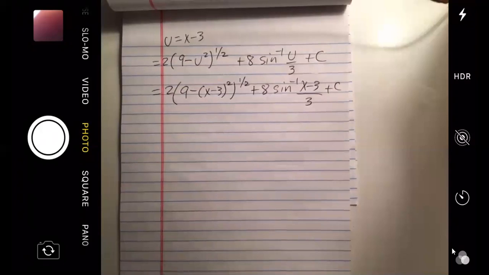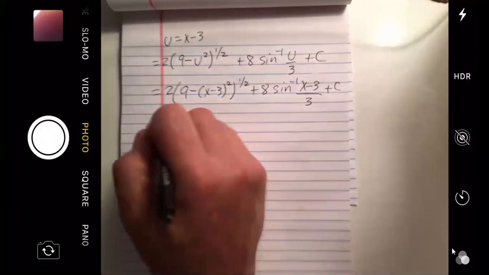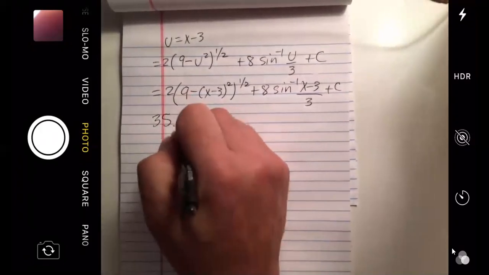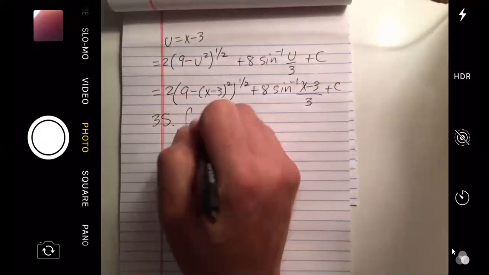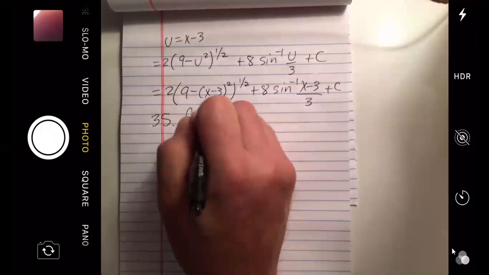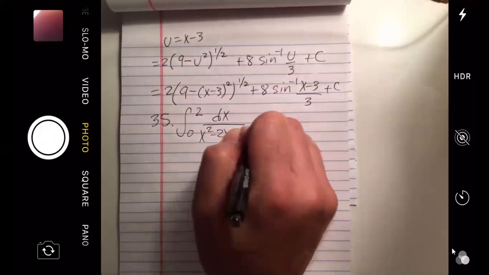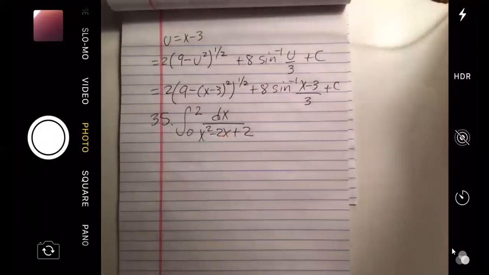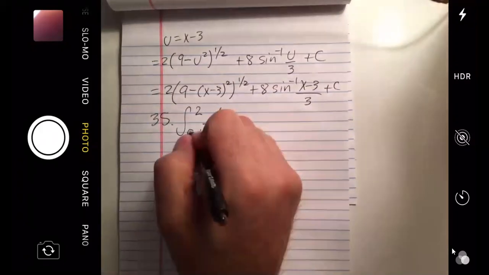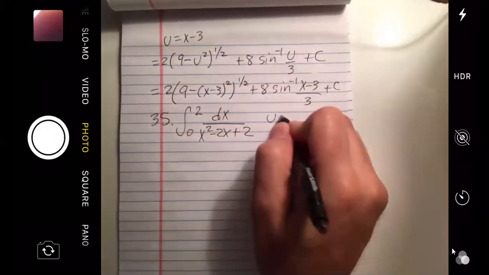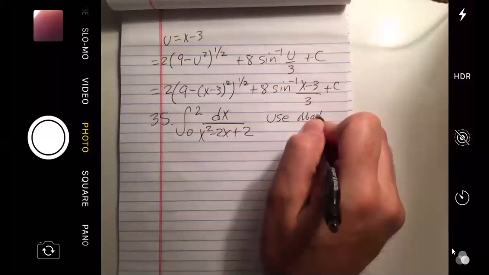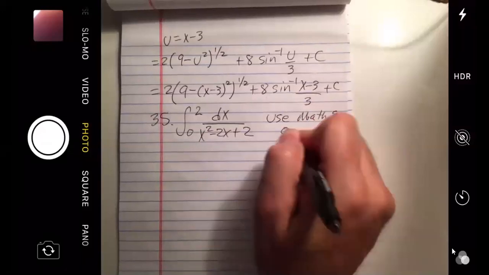Okay, 35 with numbers can be just punched in on the calculator. Integral from 0 to 2 of 1 over x squared minus 2x add 2. If they give you numbers, use Math 9 on the calculator.